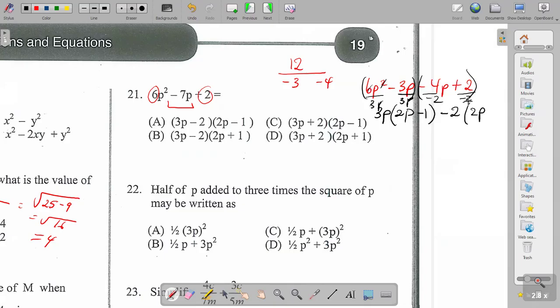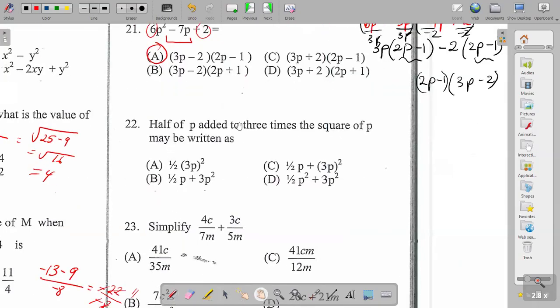And then you should know positive divided by a negative is negative. So 2 divided by negative 2 is negative 1. So we have our brackets matching. Our answer is 2p minus 1 and 3p minus 2. So we're just looking for one where both of them are negative. So our answer here in this case is A.